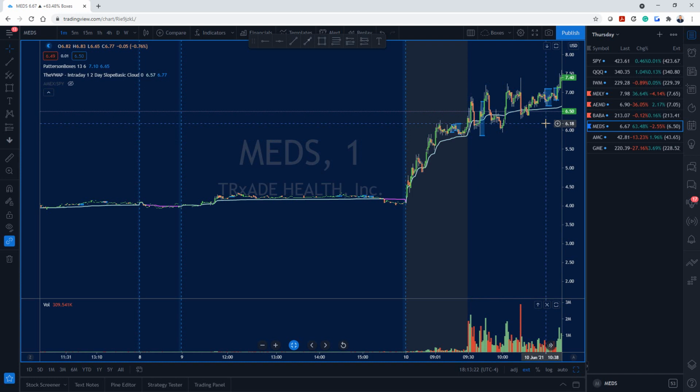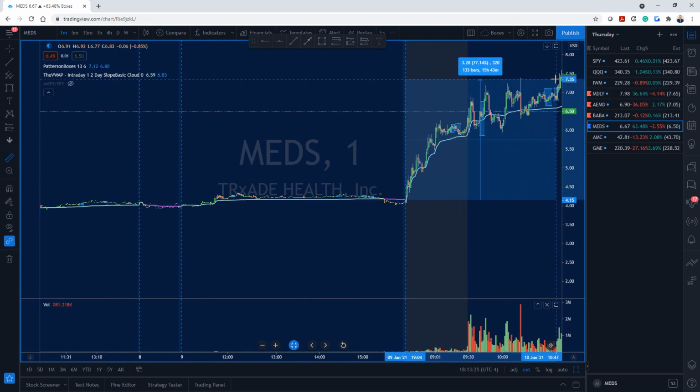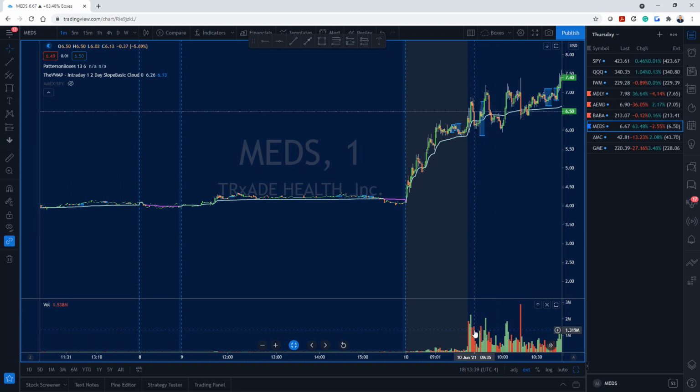That could be, right? And here's where the algo becomes very, very powerful. Now, if we take a look from the start of the day, we have a move that has gone 72% on massive demand. Remember, this has a 3 million float.